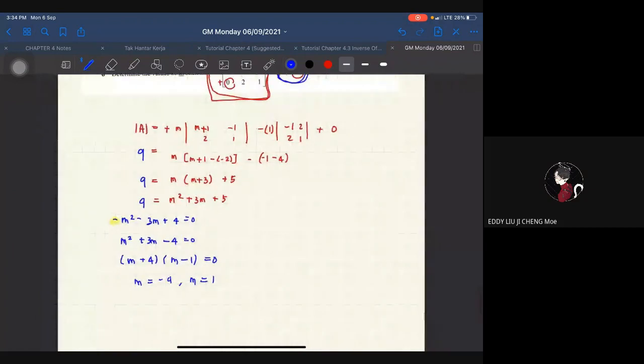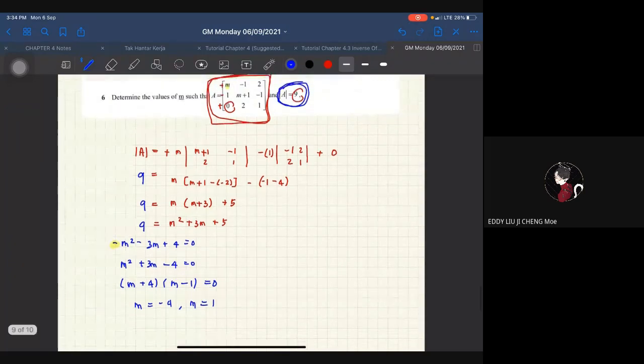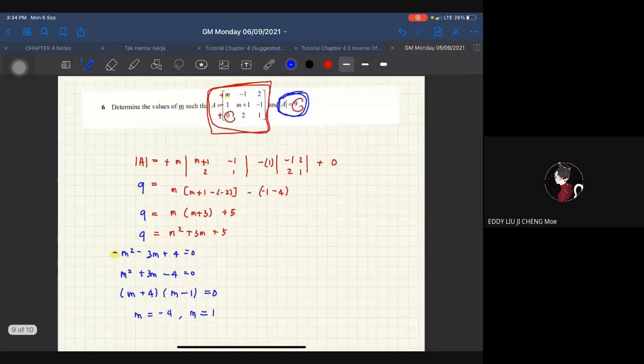Okay. Miss, why the first cofactor again? Pasal apa cofactor yang need to times M, this one ke? Yep. Why have a M outside there? Okay. So sebab untuk awak cari determinant, so sekejap.